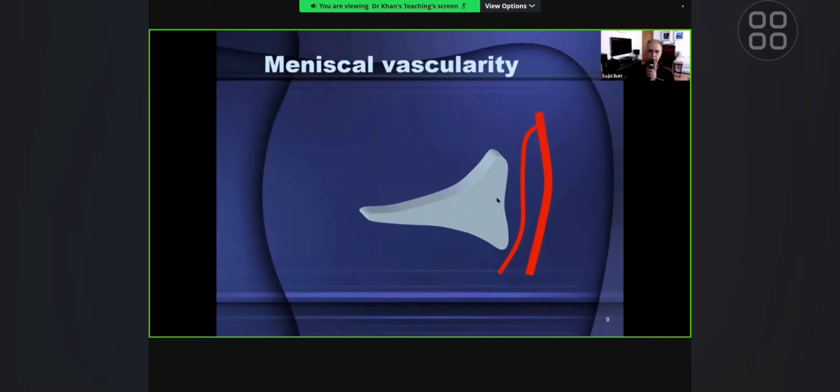Another important factor which we need to remember is that the menisci, although they are fibrocartilage, they do have blood vessels in the peripheral 1/3 of the meniscal tissue. Because of the presence of these blood vessels, the signal intensity in the outer 1/3 of the meniscus can be a little greater, and that's a normal finding.